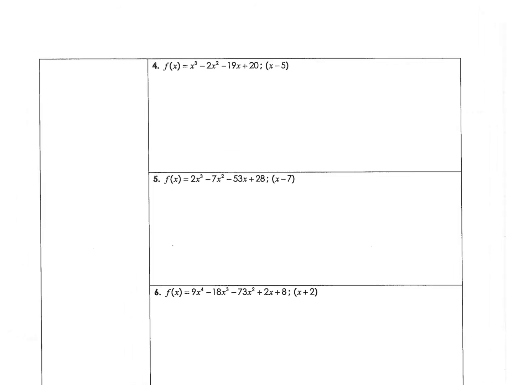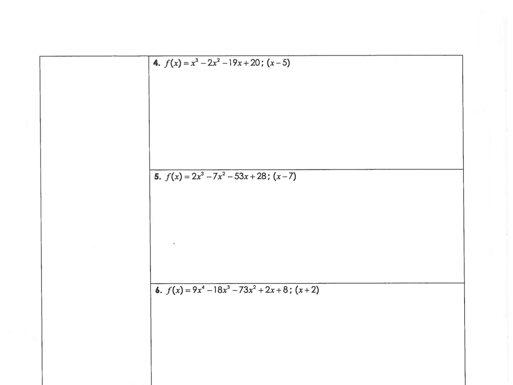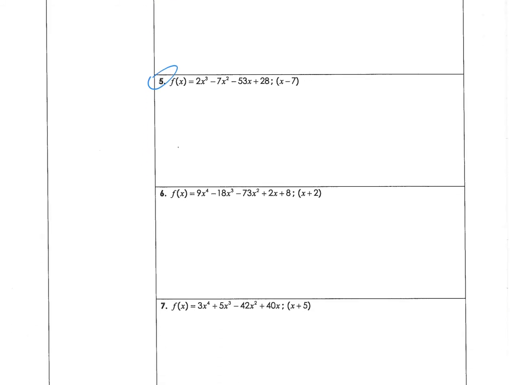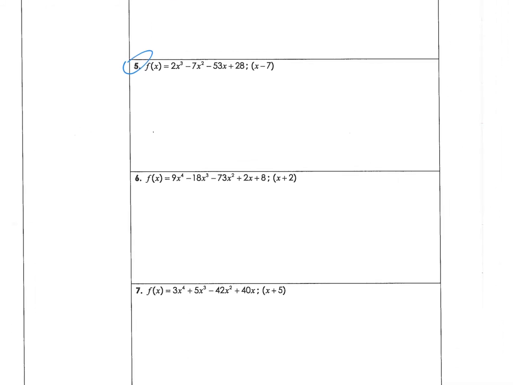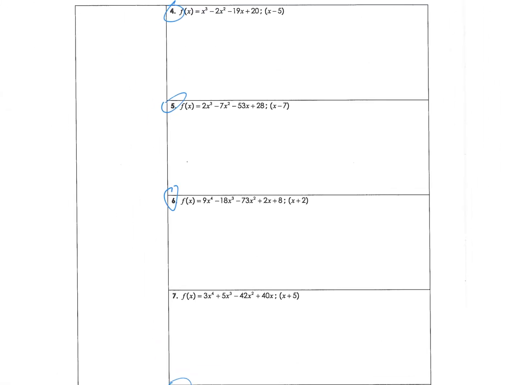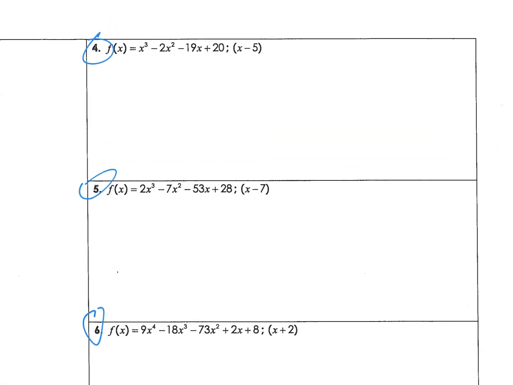So why don't you try number 4 on your own, and then let me look at some of these, see which ones I want you to do, because then you don't have to do all of them. Yeah, try number 5, or 4 and 5, and then 6 and 8. You don't have to do 7. So try 4, 5, 6, and 8.